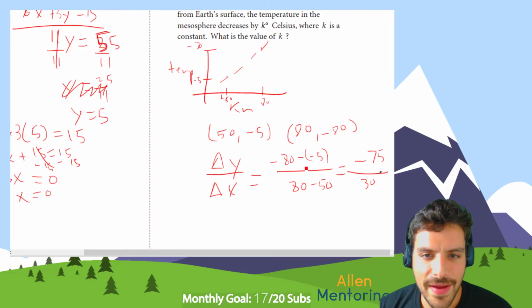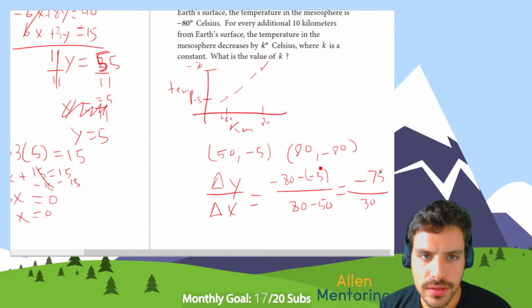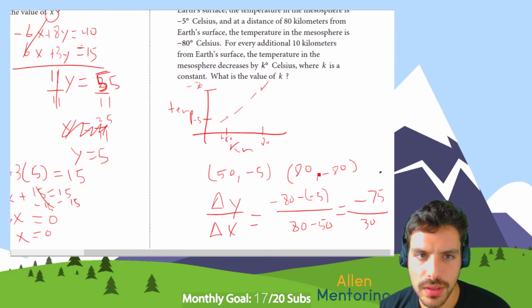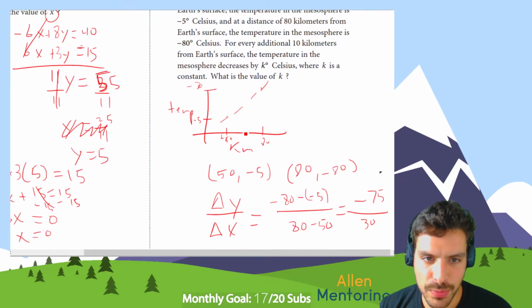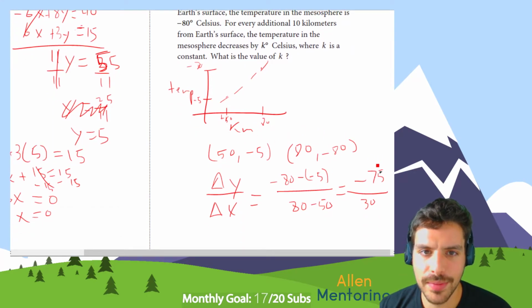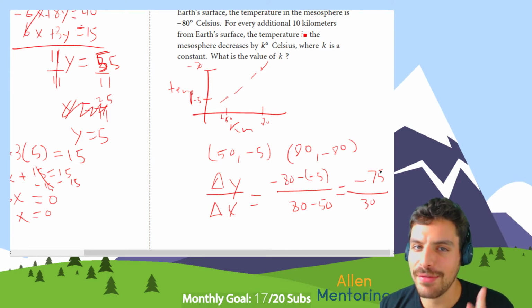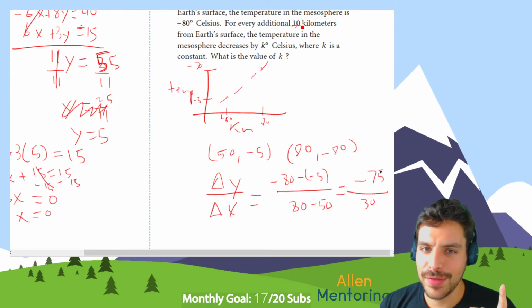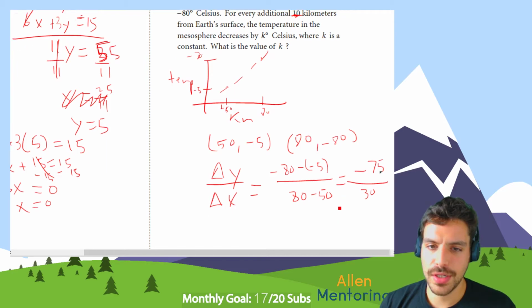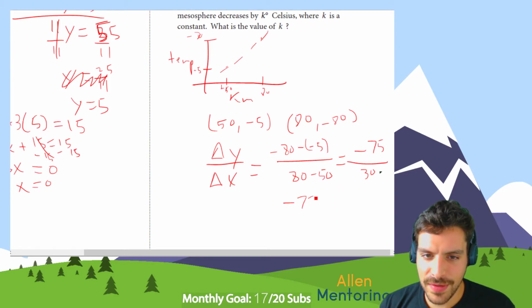So we know that for every additional kilometer, it decreases by 75 over 30. But I just noticed that they actually didn't ask us for every additional kilometer. They said every additional 10 kilometers. So that means that we have to take -75 over 30 and multiply that by 10.